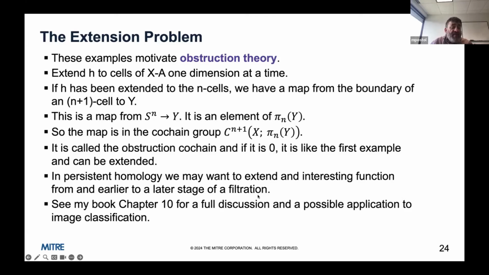Something I thought about is that maybe in persistent homology, we might want to extend an interesting function. Maybe we have an interesting function in an earlier stage of the filtration, but maybe there's an obstruction, and maybe that'll tell you something more. One thing I was looking at, well, you can't really take homotopy groups of anything but spheres, and that's bad enough.